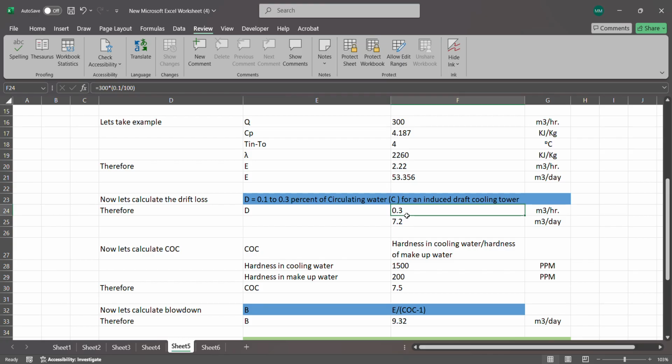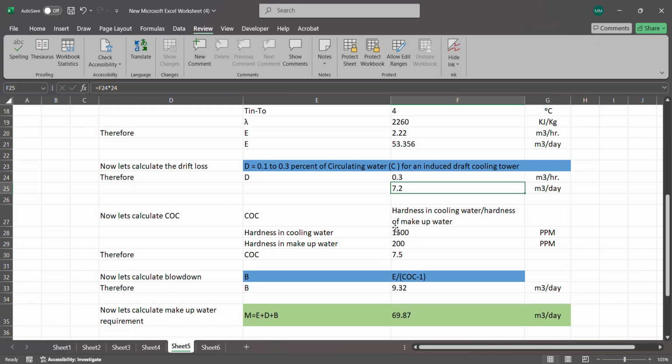What answer are we getting? 0.3 meter cube per hour. Let's convert that into meter cube per day. Just multiply by 24, and we get 7.2 meter cube per day. That is our drift losses.